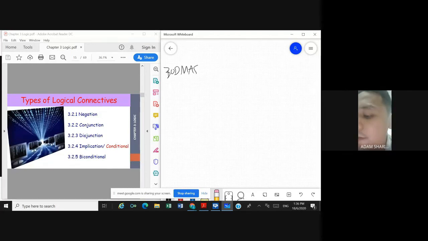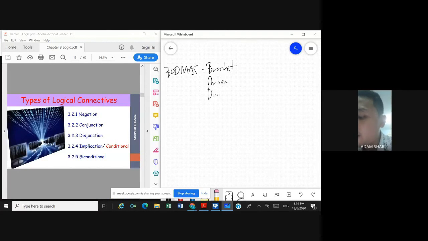For our international friends, BODMAS means that we do the bracket first. In any arithmetic operation, we do bracket first. That is the priority, the order. Then we do division, multiplication, addition, and lastly, subtraction.